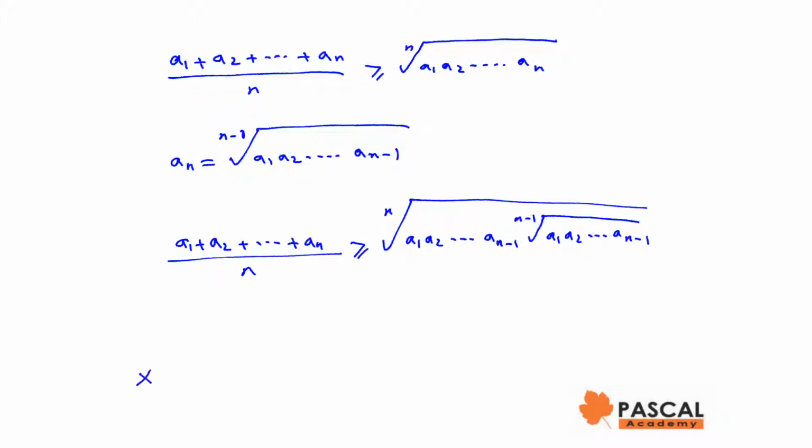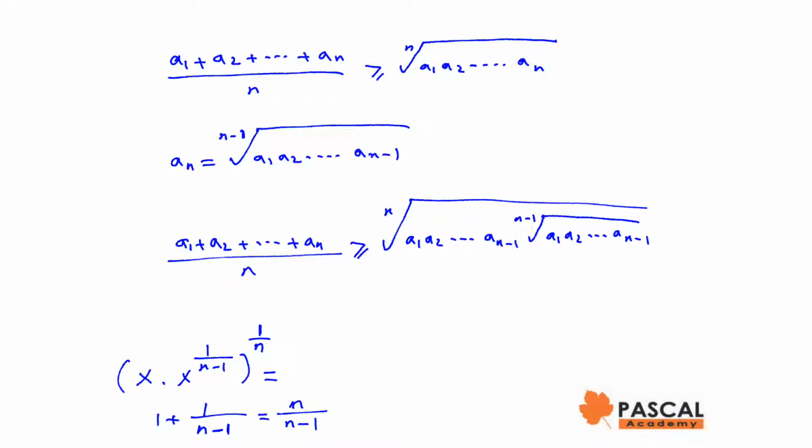We know the nth root of x times the n minus 1 root of x is the same as, if we take the common denominator between 1 and 1 over n minus 1, we have n over n minus 1.